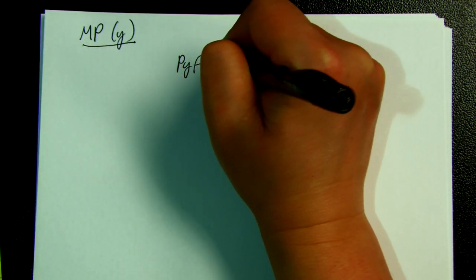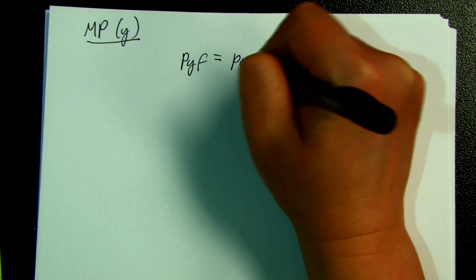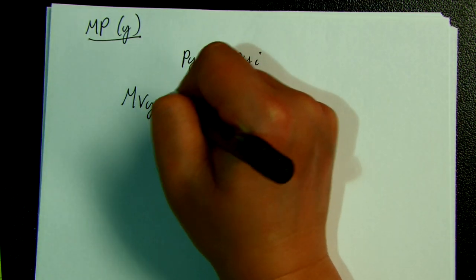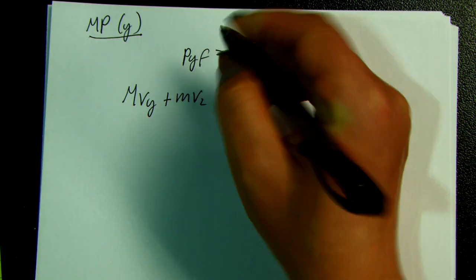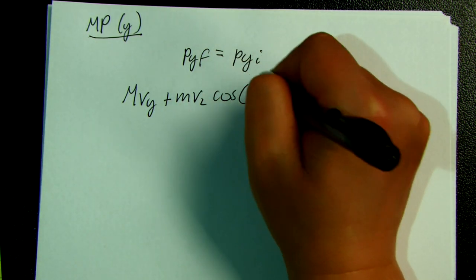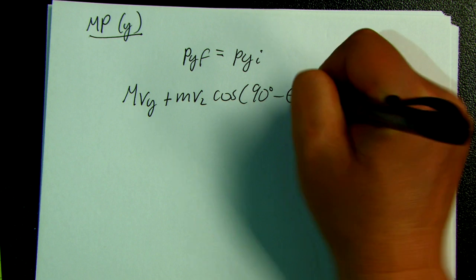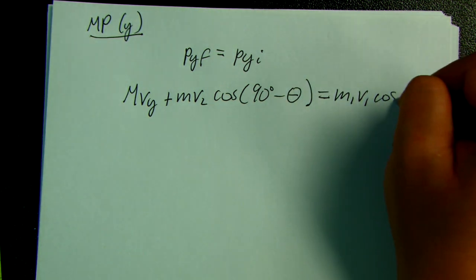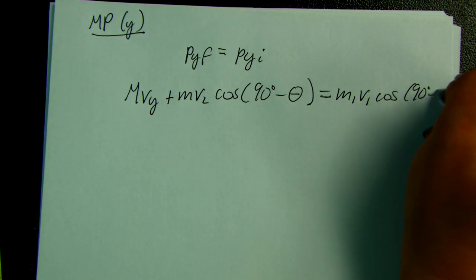Py final is equal to Py initial, M vy plus m v2 cosine of 90 minus theta is equal to m v1 cosine of 90 degrees minus theta.